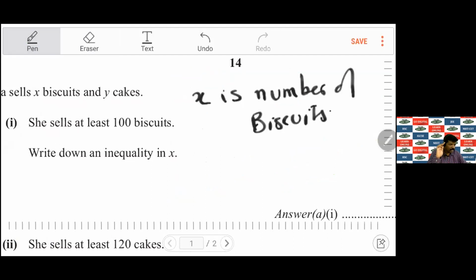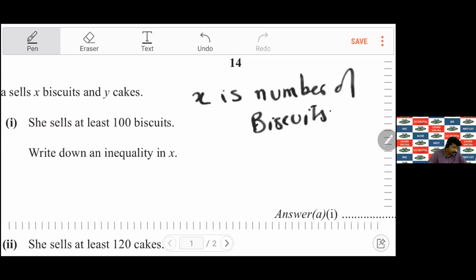Now, the next one. All others, they will mute their mics. So next one is Mehak. Yes, sir.